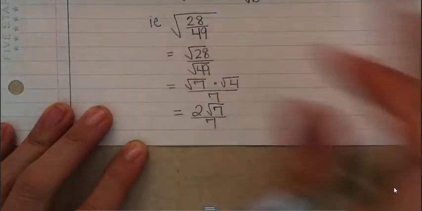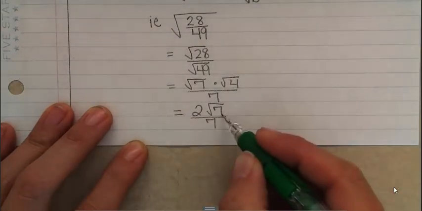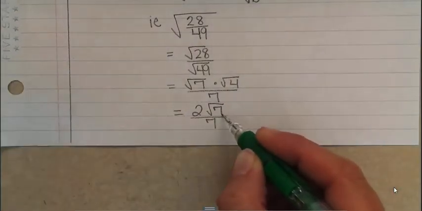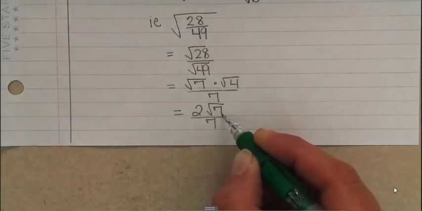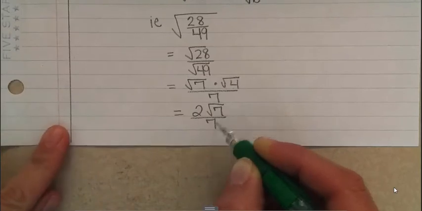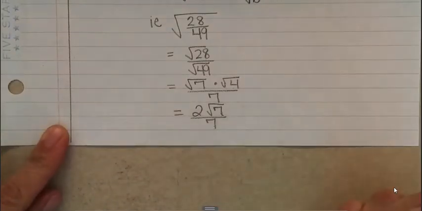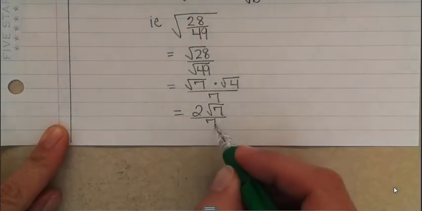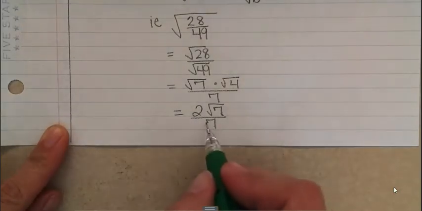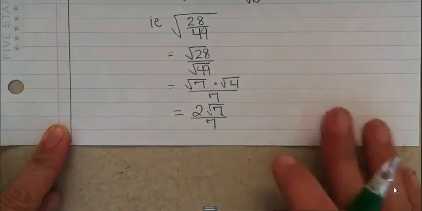Now realize root 7 is some number between 2 and 3, because 2 squared is 4 and 3 squared is 9. So these are not a common factor at all. This is somewhere between 2 and 3, and this is actually 7. So this would be my final, most simplified answer.